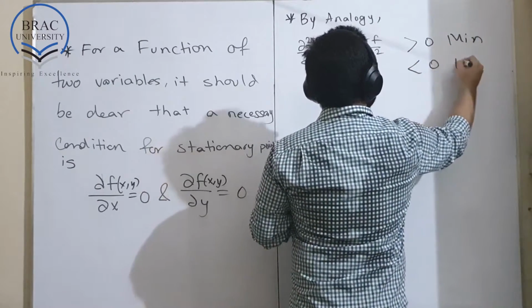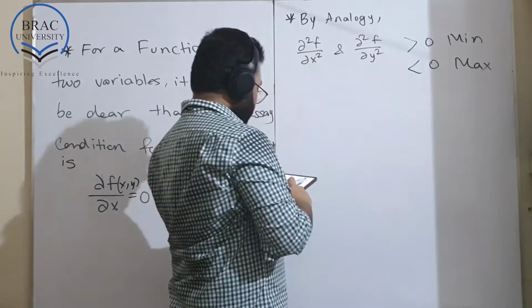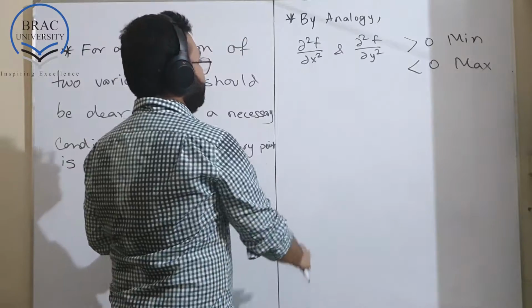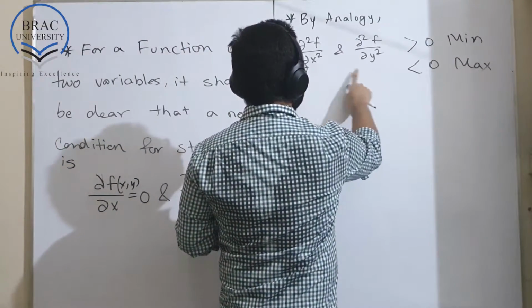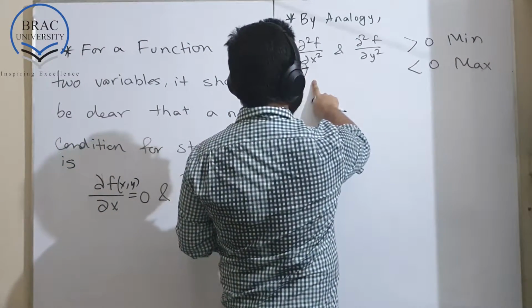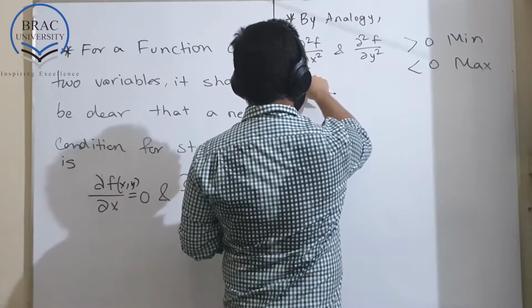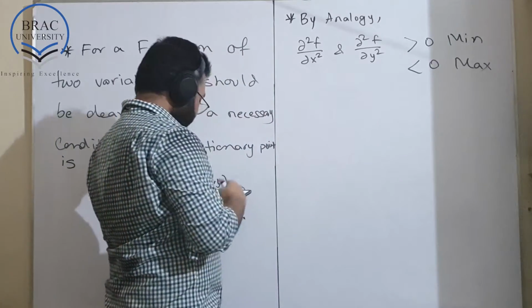It's similar to a single variable case, but we have two criteria: the first derivatives should be 0 for both, and the second derivatives should be greater than 0 or less than 0 for both variables.